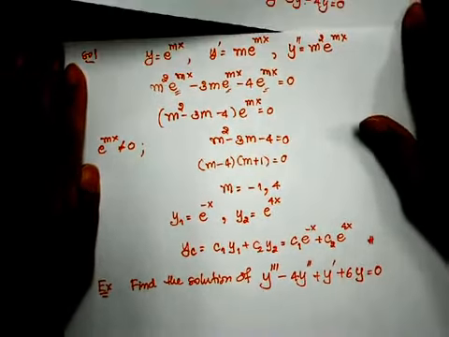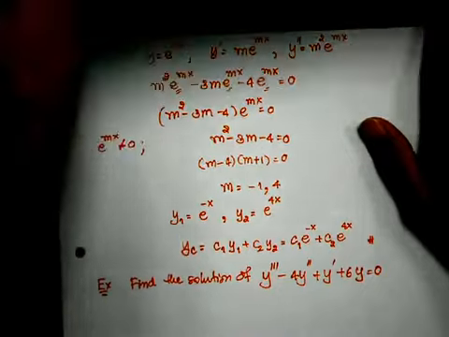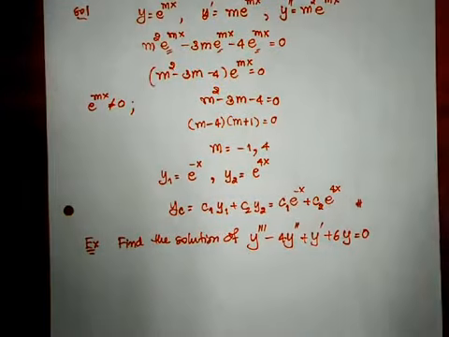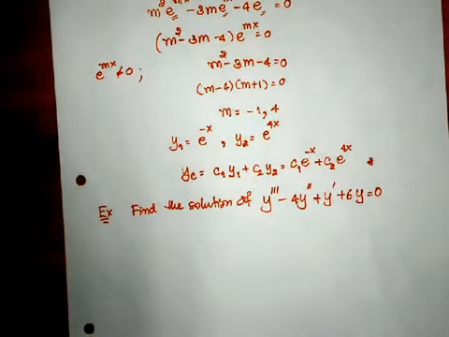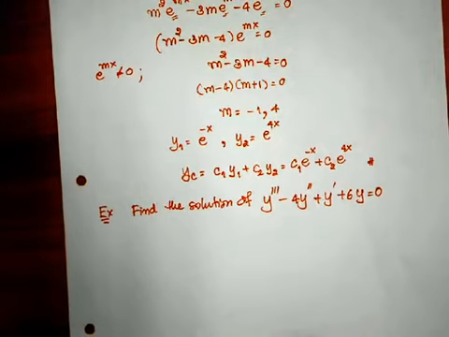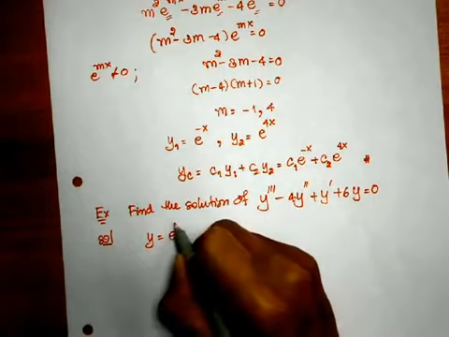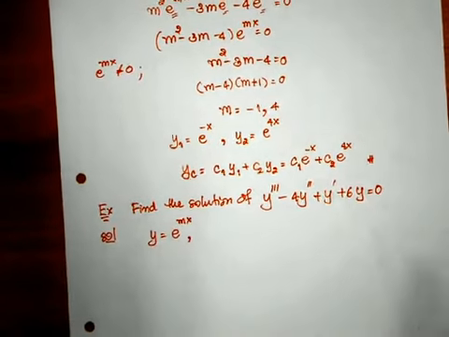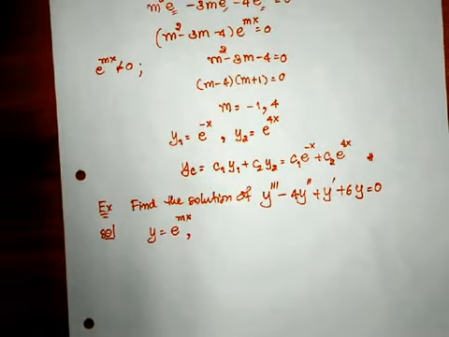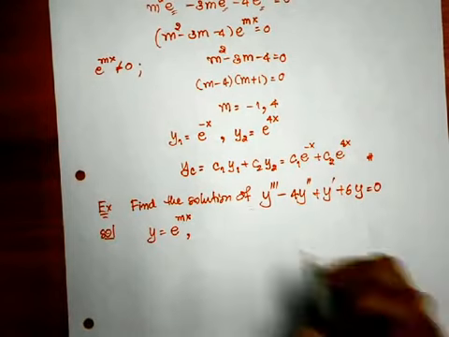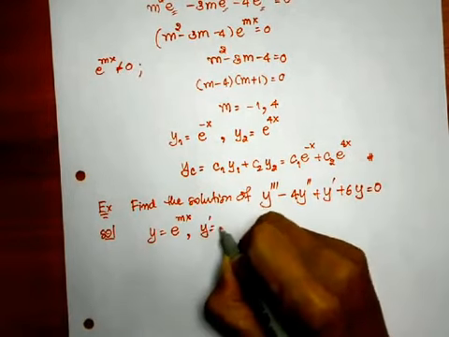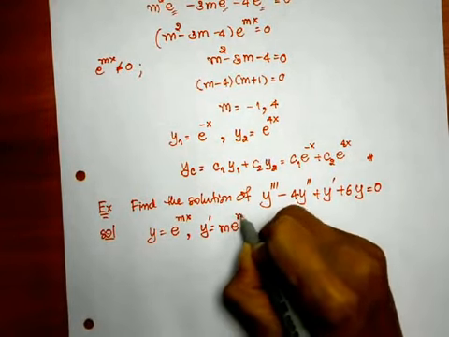Three values. The way to do it is exactly the same as the previous example: assume y is equal to exponential of mx. Now we have to differentiate three times. The first time you get m exponential of mx.